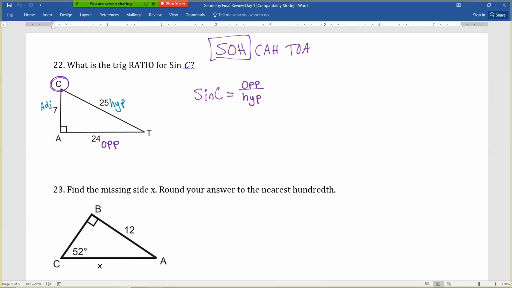So sine of C equals, well, what number did we label opposite? Yep, we labeled opposite as the side AT, which was 24. So I'm plugging in 24. Then for my hypotenuse, we labeled the hypotenuse as 25.